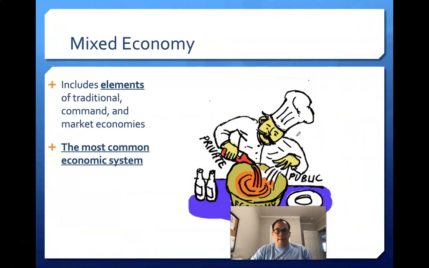And then a mixed economy, like I was saying, is elements from all three of them. And this is the most common economic system. This is truly the economic system of the United States. However, it's going to be classified more as a market economy than a mixed economy. But this is the typical economic system for most countries throughout the world.